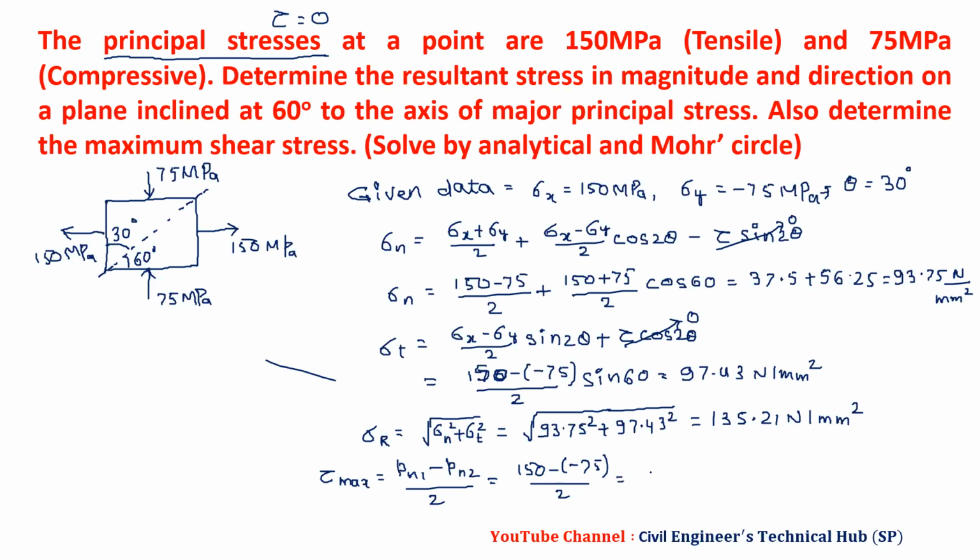From this we will get the value 112.5 Newton per mm square. So these are the values. Now you can write sigma R 135.21 Newton per mm square, tau max 112.5 Newton per mm square.